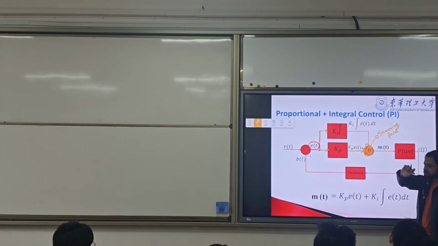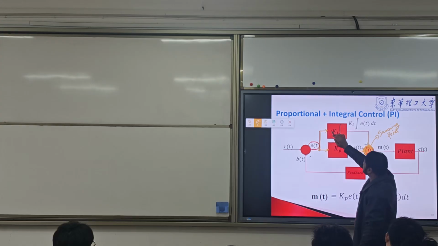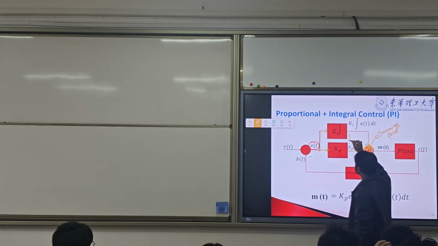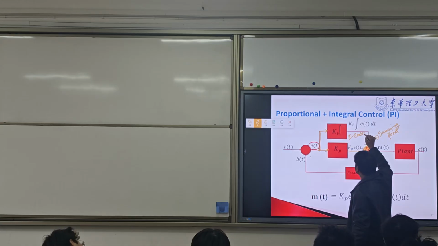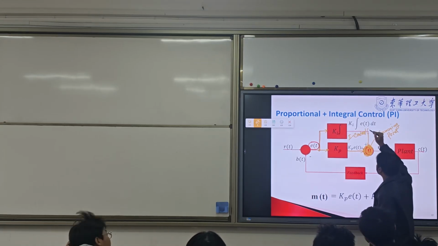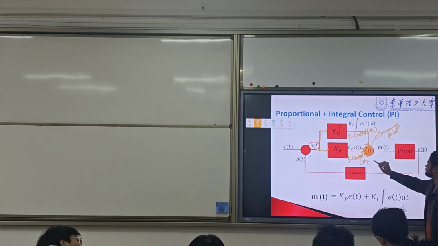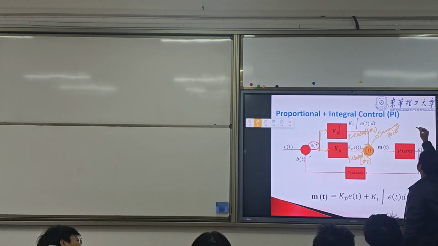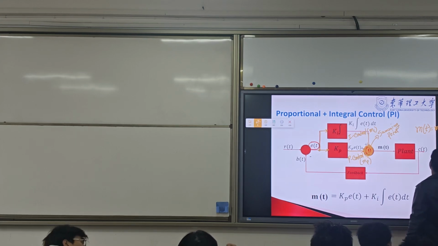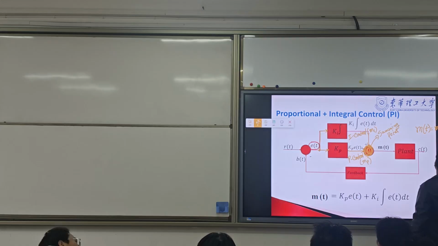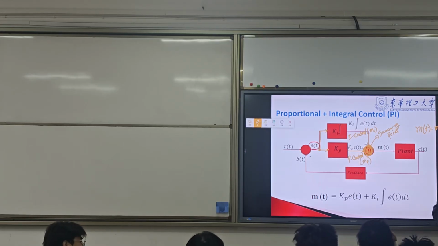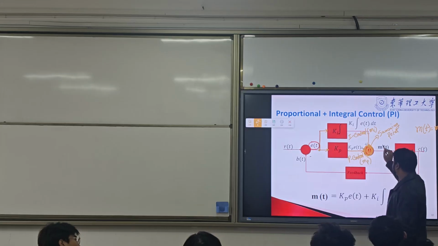Suppose this is the I control; it will provide an output MI, and this is the P control; it will provide an output MP. So what is the total M? M(t) will be equal to MI(t) plus MP(t), the total output.